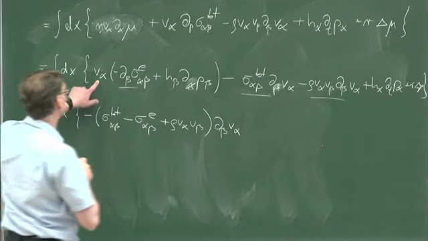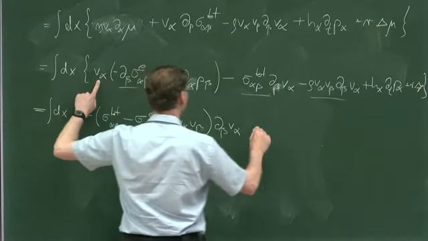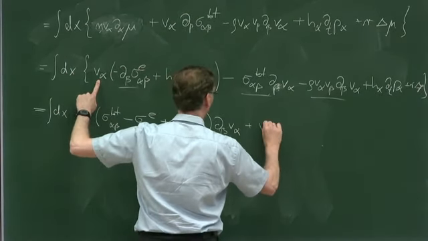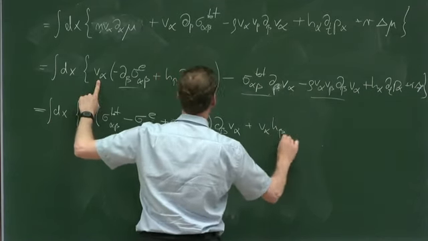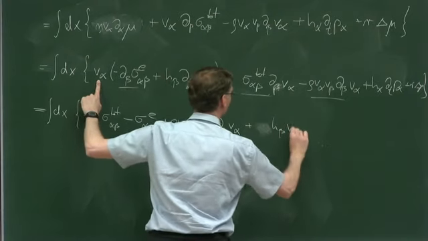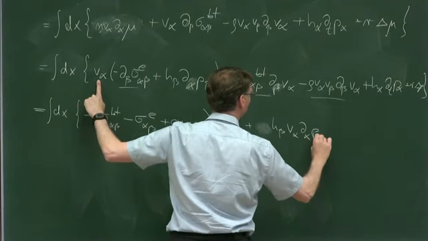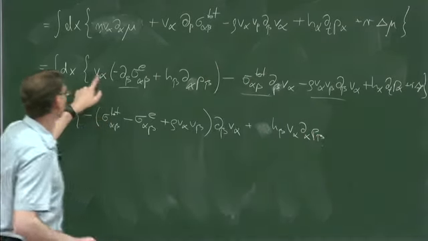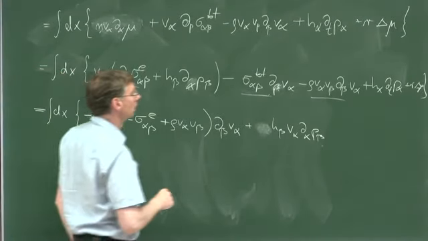Oh yes, so then I still have this term here, which is a plus v alpha h beta, well, what does it say? v alpha d alpha p beta, right? I've just changed the order of these two factors.